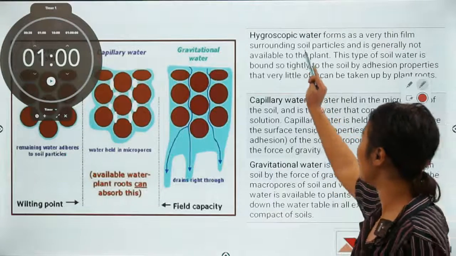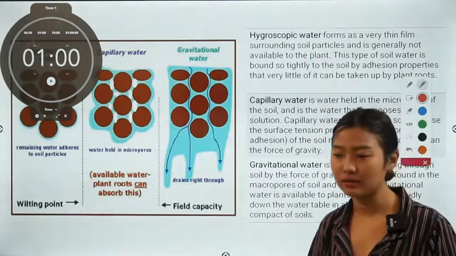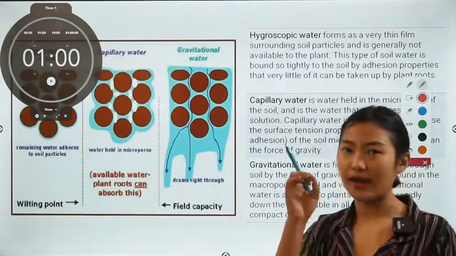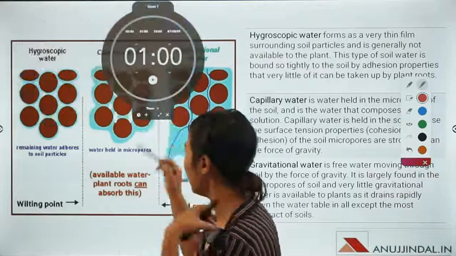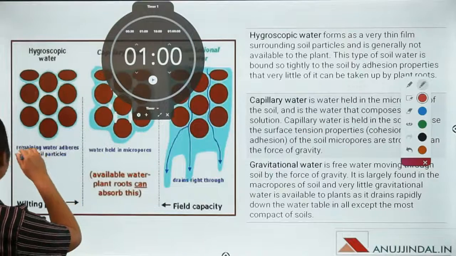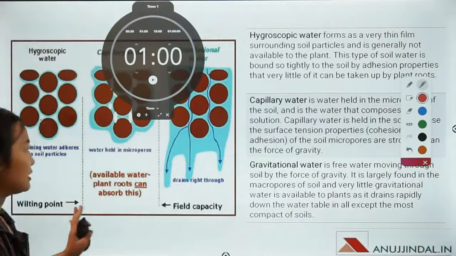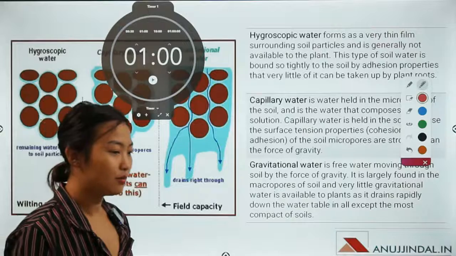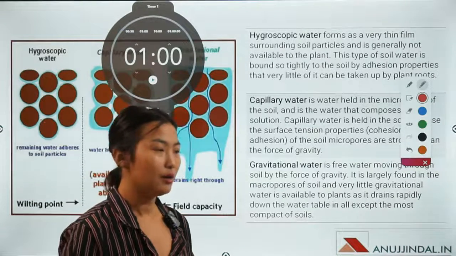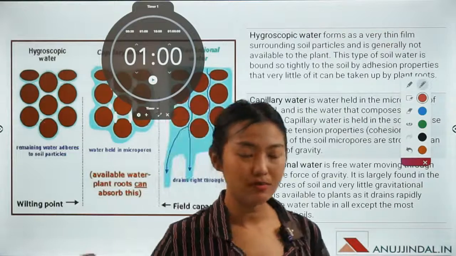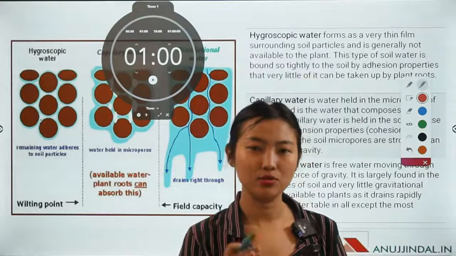Hygroscopic water is mostly found on fine soil particles. It is unavailable for the plant to absorb, since the particle is so small that the roots cannot absorb it.